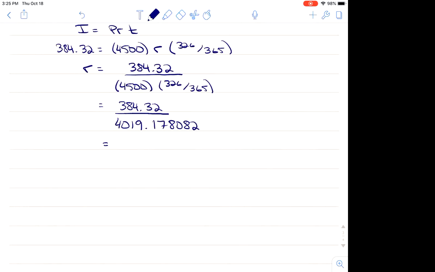So now I can just enter 384.32 divided by second answer. Second answer, it'll show me the last answer that it gave me, right? And then hit enter, right? Just makes it a little bit easier to keep all our decimal places in our calculator.